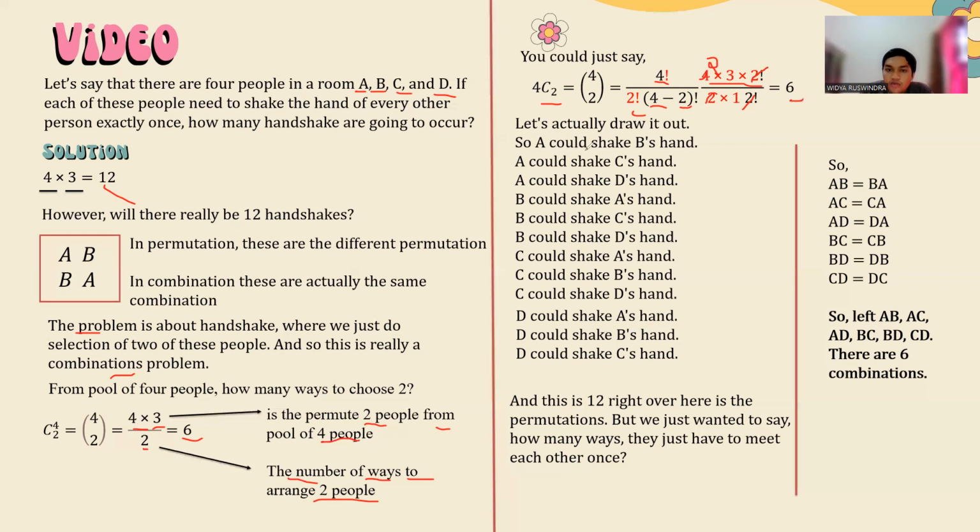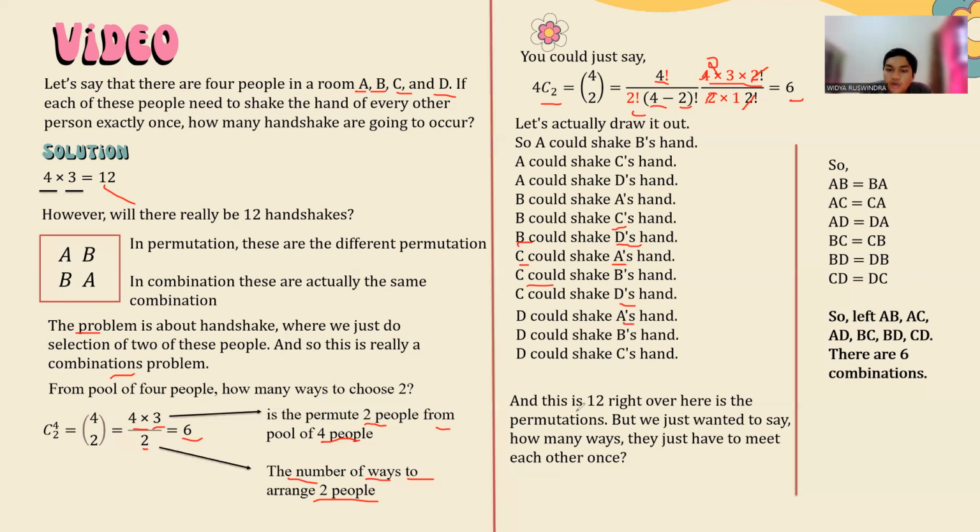A could shake this hand, this hand, and this hand. B could shake A's hand, B could shake C's hand, B could shake this hand. C could shake A's hand, B's hand, and this hand. And D could shake A's hand, B's hand, and C's hand.